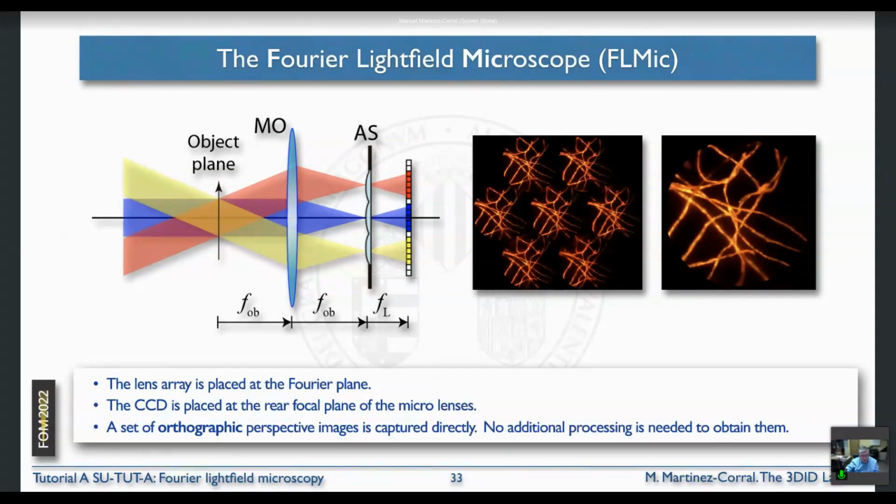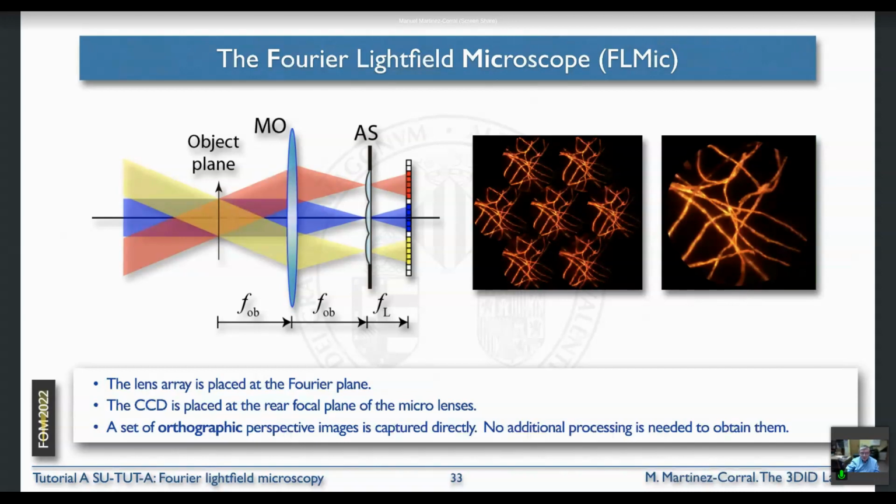You can see that this cylinder, all of it, is imaged here with the same magnification. So we are collecting, with the central microlens, orthographic images of part of the object placed in this cylinder.